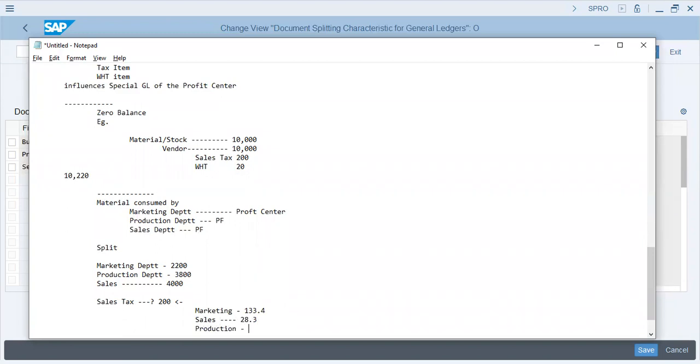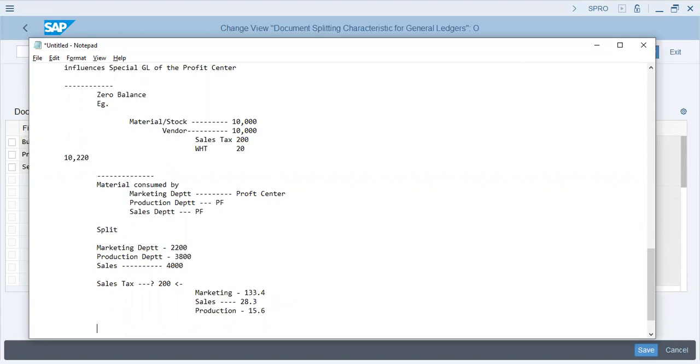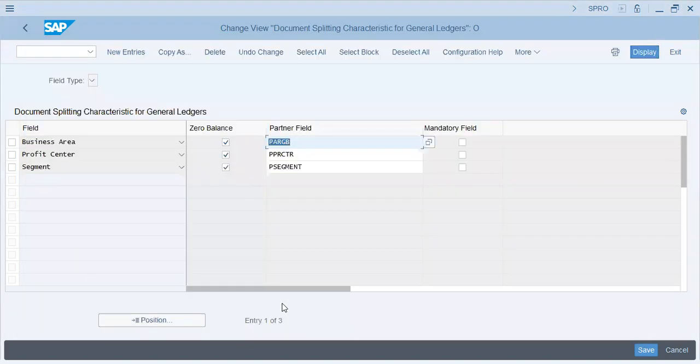Production 15.6. Now this is split 133, 28. But what about 0.3, 0.4? Here zero balance collects 0.4, 0.3, 0.6, and then splits between when it is whole number. That is zero balance. That is the use of zero balance.